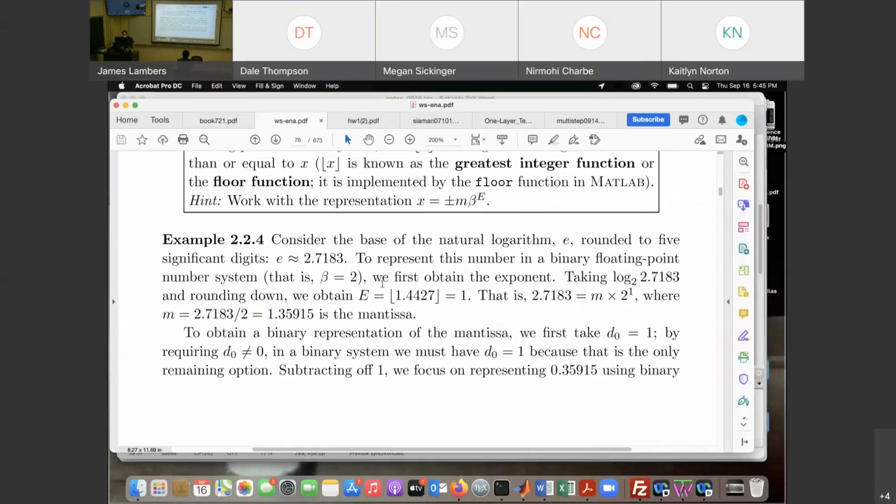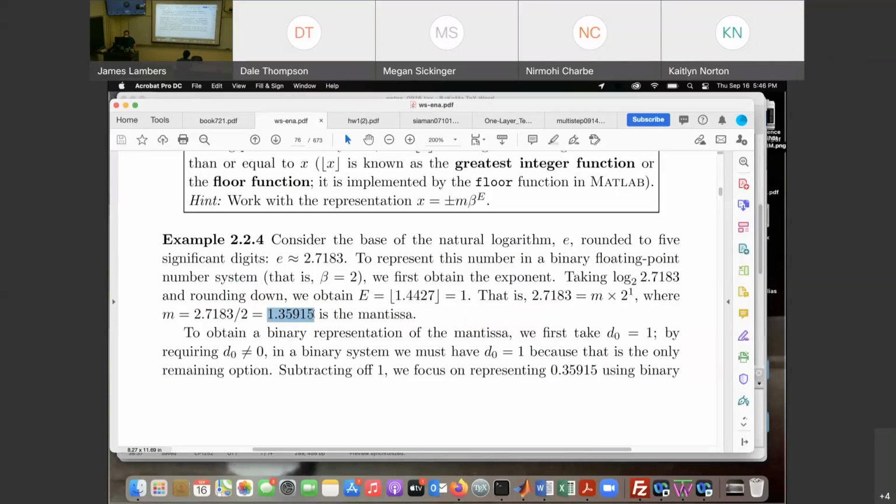All right. First, we take the log to base 2, which is approximately this, and then we round it down, so it's 1. So the exponent is just 1 in this case, which makes sense since e is between 2 and 4. Then we divide by 2.